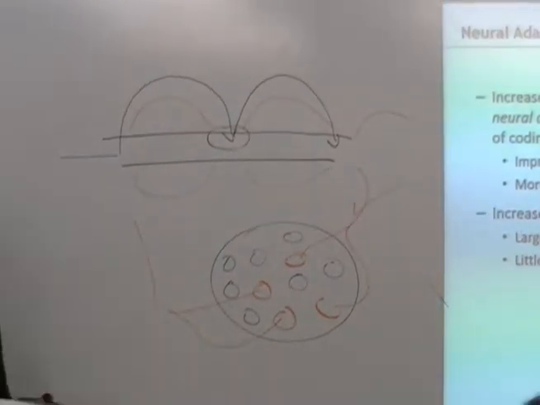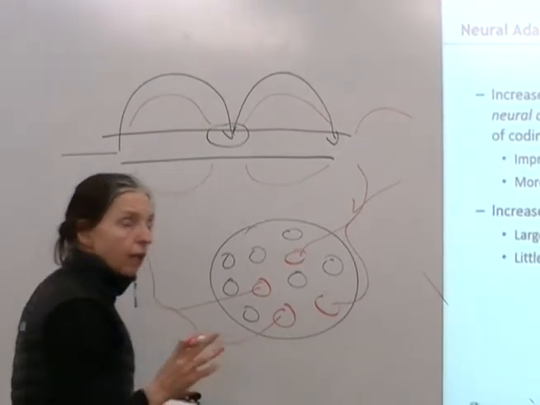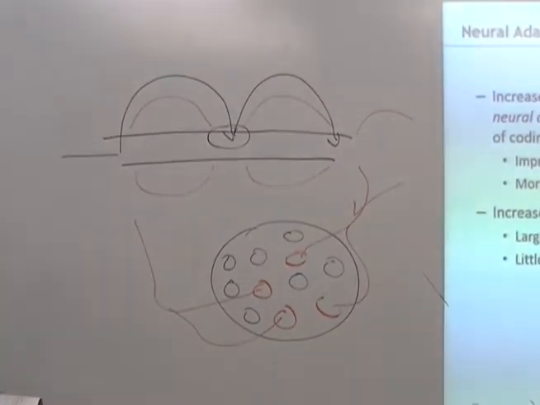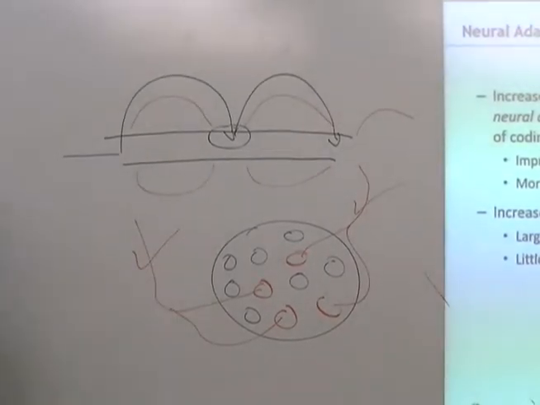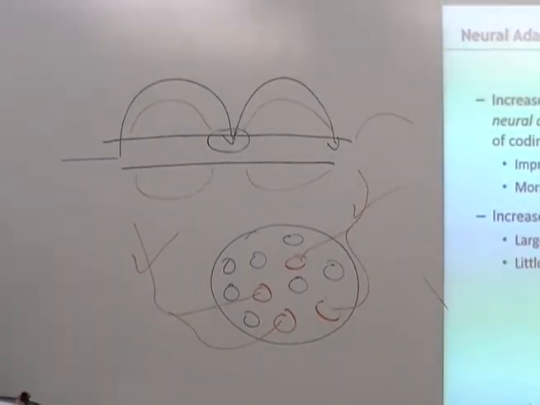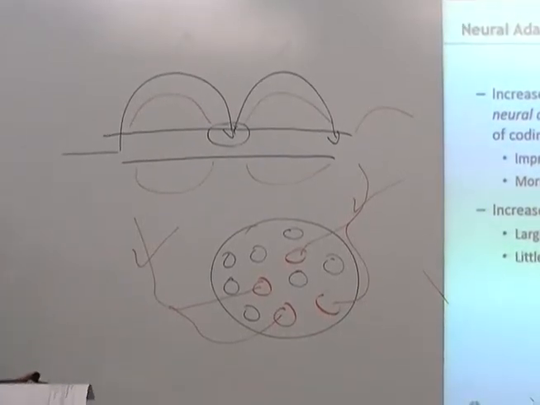And over the first 3, 4, 5 weeks of training, why I can lift more weight is now I turn on both of them. If I turn on more muscle fibers, I can create more force. Does that make sense?